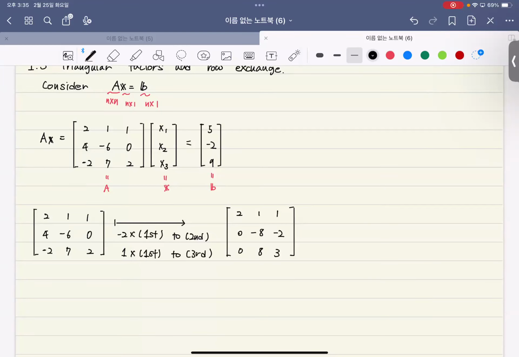Okay. Now my next target is this entry. I will need to eliminate this one. To do that, I multiply 1 to the second row and add it to the third.